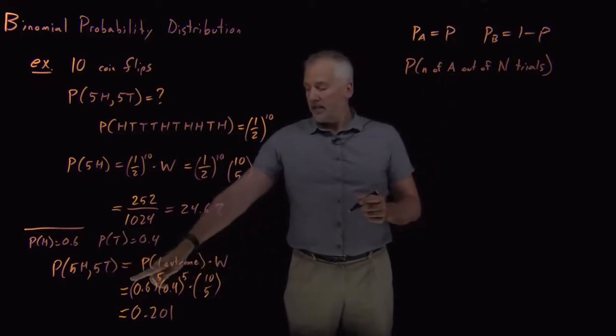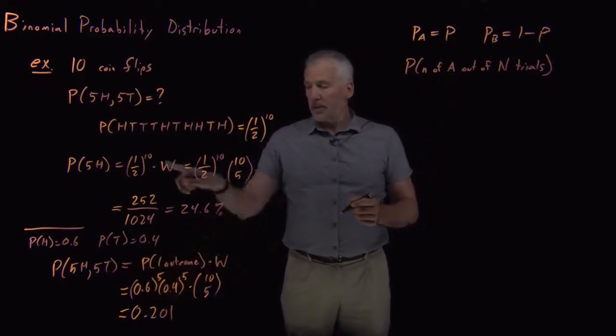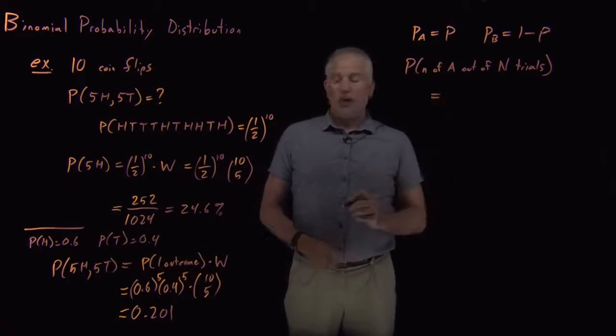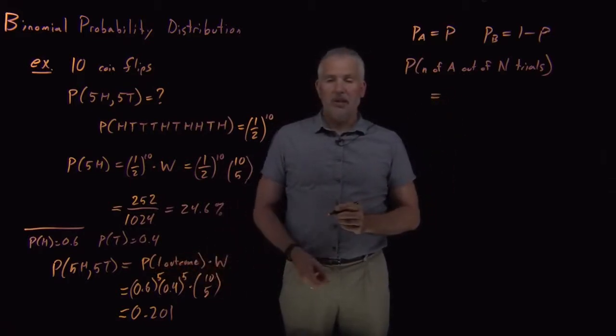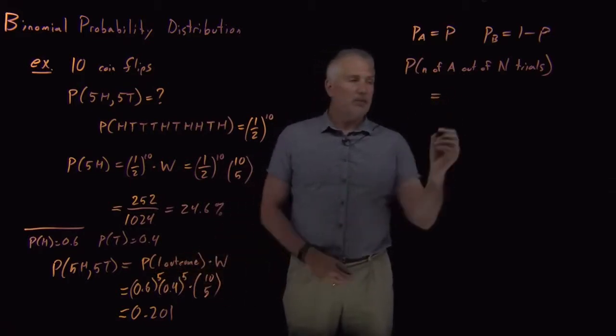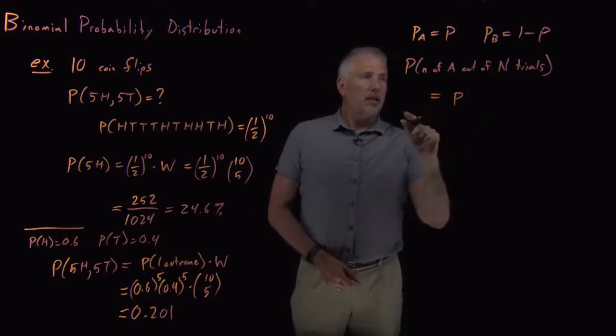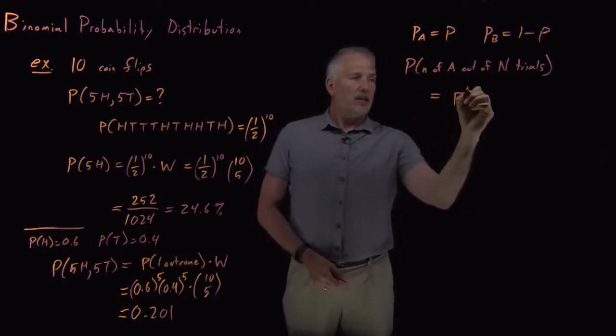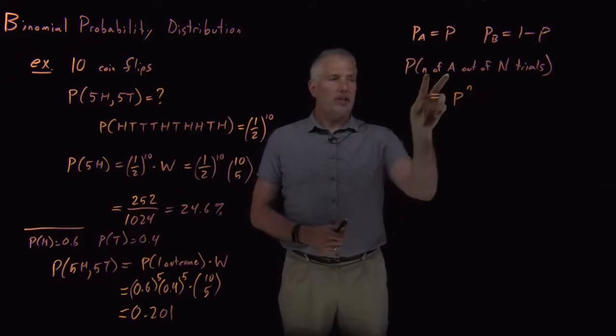Then that's just, we've worked 2 examples of this so far. That's going to be the probability of one outcome times the multiplicity. Each one of the individual outcomes, I have to get A little n times, by definition. That's what I'm asking about.